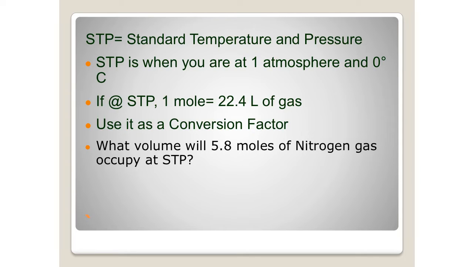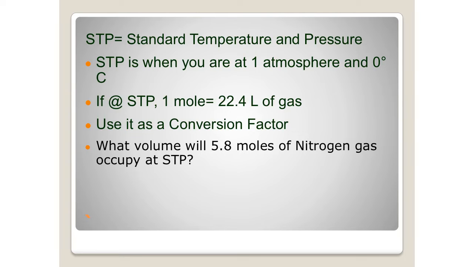If the pressure is exactly 1 atmosphere and the temperature is 0 degrees Celsius, 1 mole of any gas, doesn't matter what kind it is, is going to occupy exactly 22.4 liters. Since if you're at STP we can go between moles and liters, we can use that as a conversion factor for doing problems.